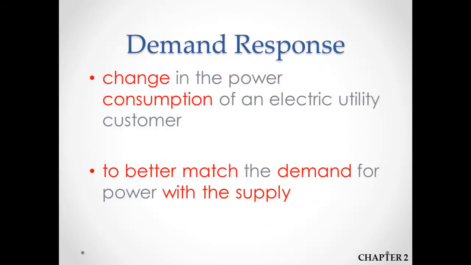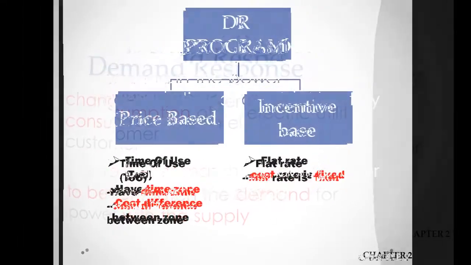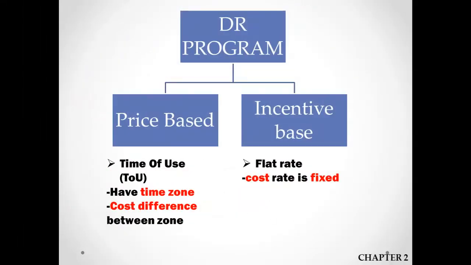What is demand response? Basically, demand response is a change in the power consumption of an electric utility customer to better match the demand for power with the supply from the energy provider. So, what is the function of demand response? It will provide the tariff program for better energy policy.